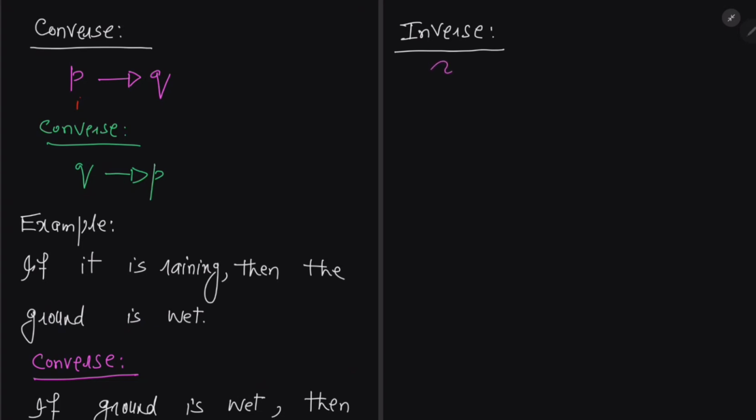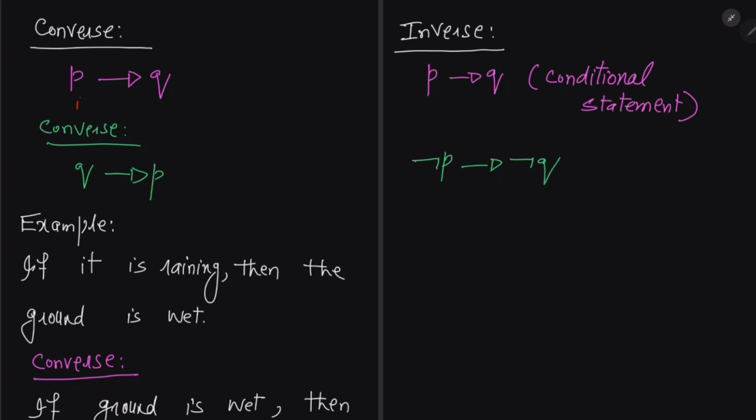If we are given a conditional statement, P implies Q, the inverse of this will be not P implies not Q. So in the inverse, we negate both parts of the original conditional statement.